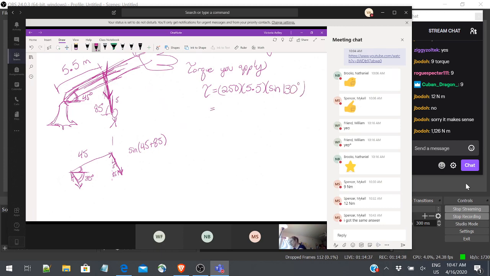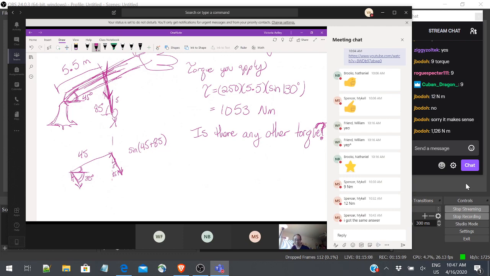So we have 250 times 5.5 times the sine of 130. A little bit more torque, but not a tremendous amount more. But is there any other torque? If you stopped pulling entirely, the tree would still be experiencing a rotational force, right?